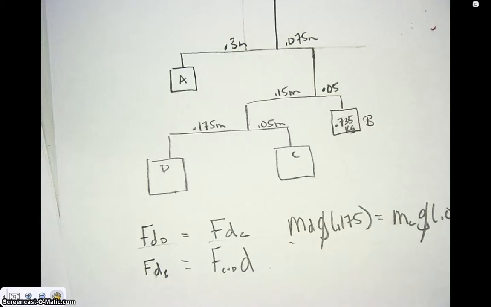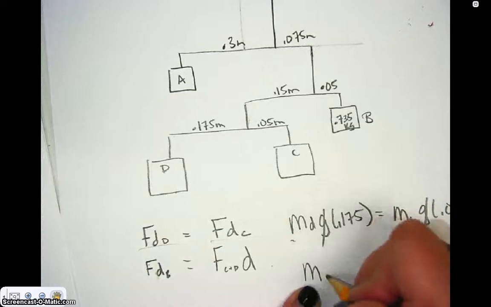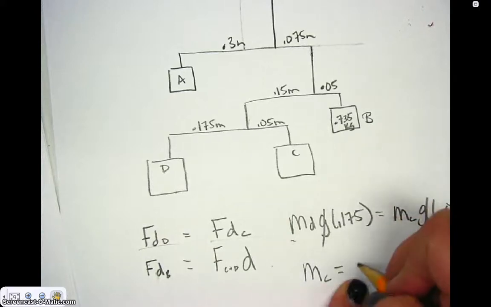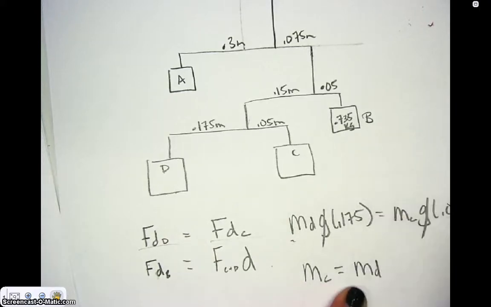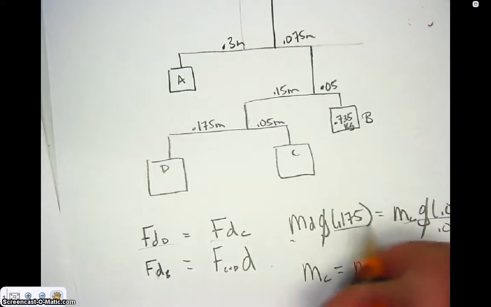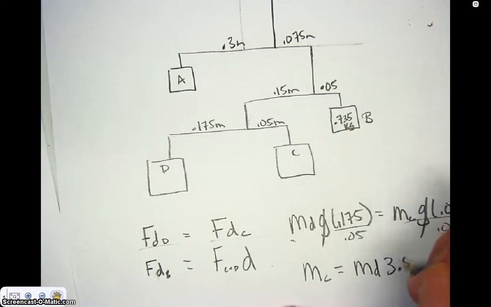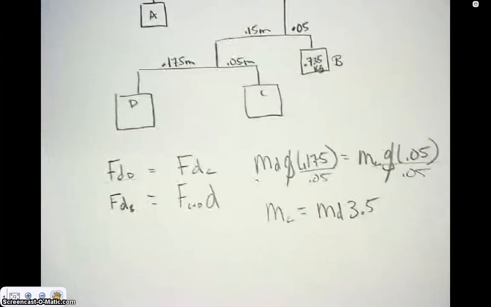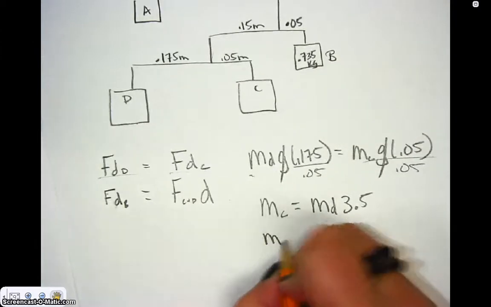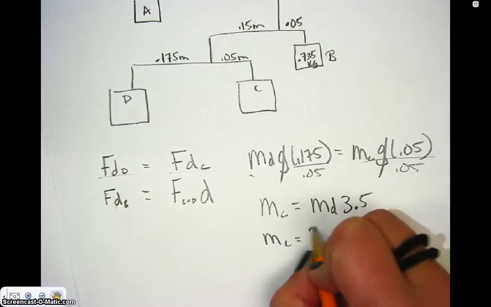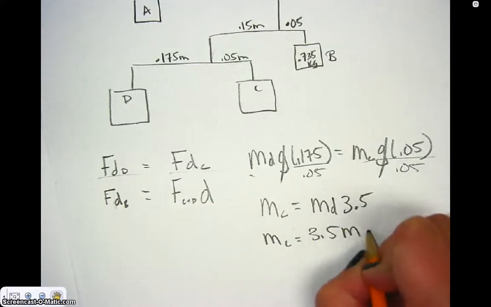Let's just solve for MC. The mass of thing C is equal to the mass of thing D, and I divide by 0.05 on both sides, and get times 3.5. Or, written a little neater, the mass of thing C is 3.5 times the mass of thing D.